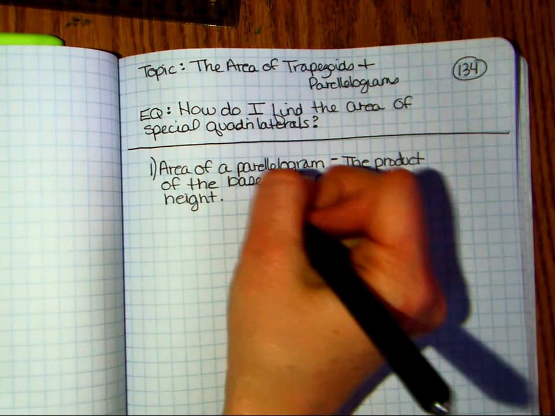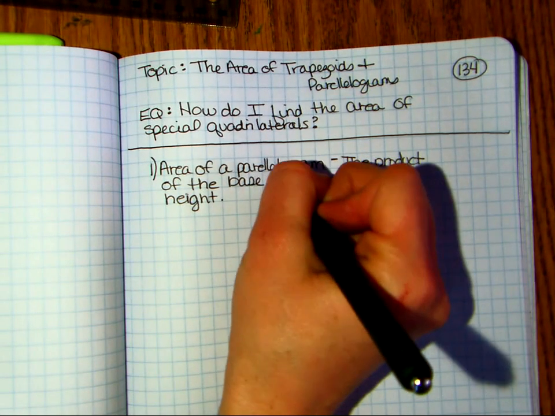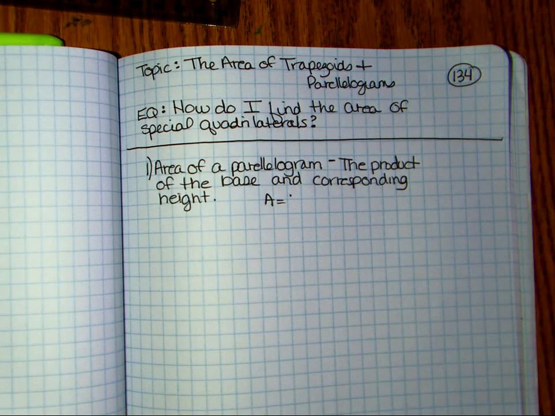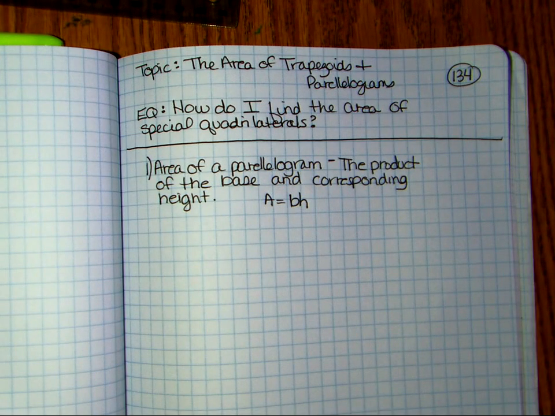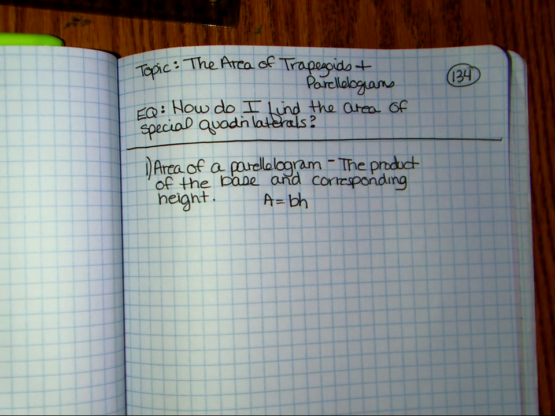Or simply put, you're looking at area equals base times height, which was one of the versions of the formula that we did for a rectangle, because you're going to find that a rectangle and a parallelogram are very much alike.